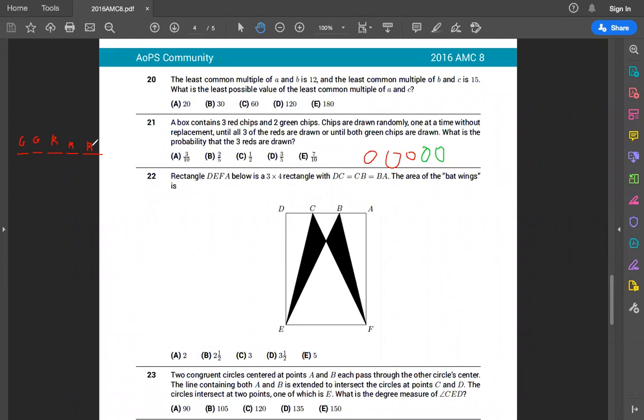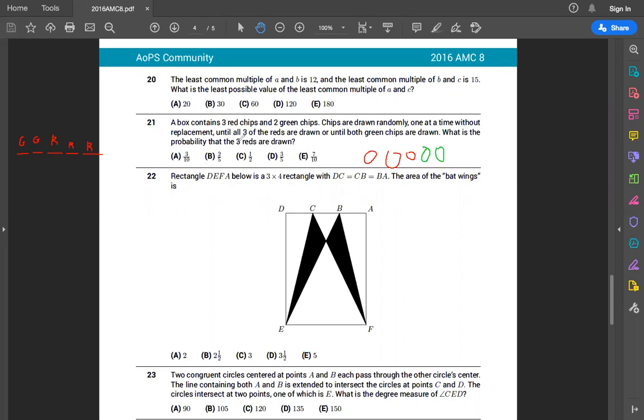And if the last chip drawn is green, then all the reds must have been drawn before that. So the last chip is the opposite of whatever was achieved. So the probability that all the reds are drawn is just the probability that the last chip is green if we do draw all 5.